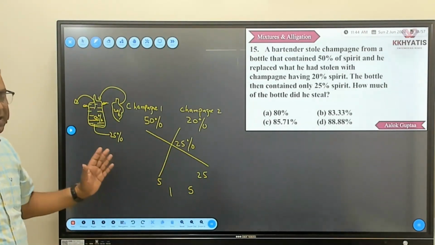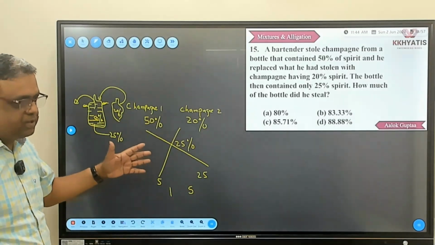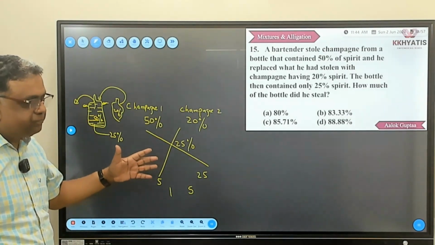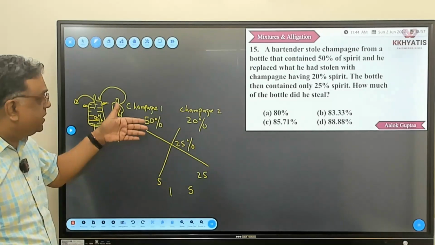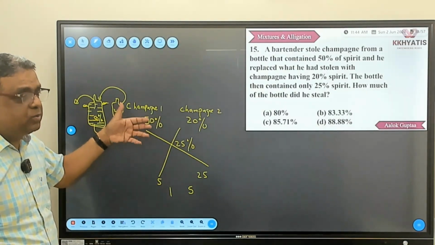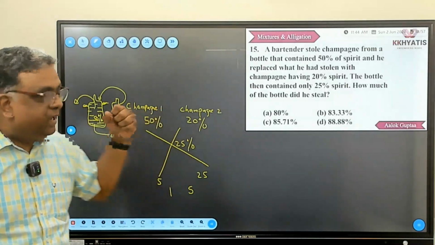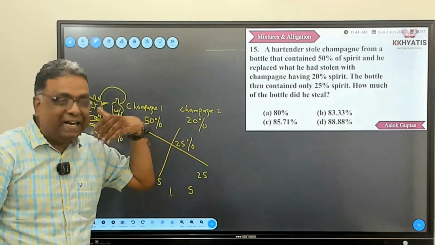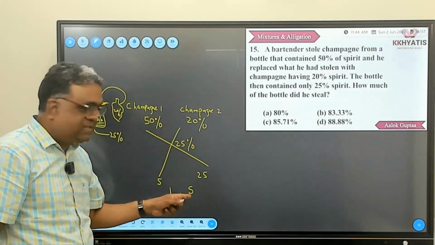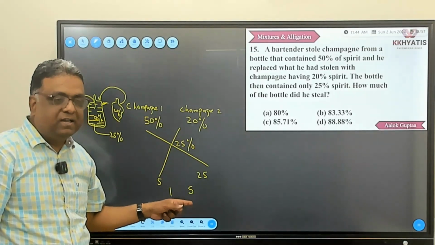Now, when you are applying the alligation, what actually is happening here? This is the bottle from where the quantity was removed, and here it was replaced. So this represents the quantity which was replaced.